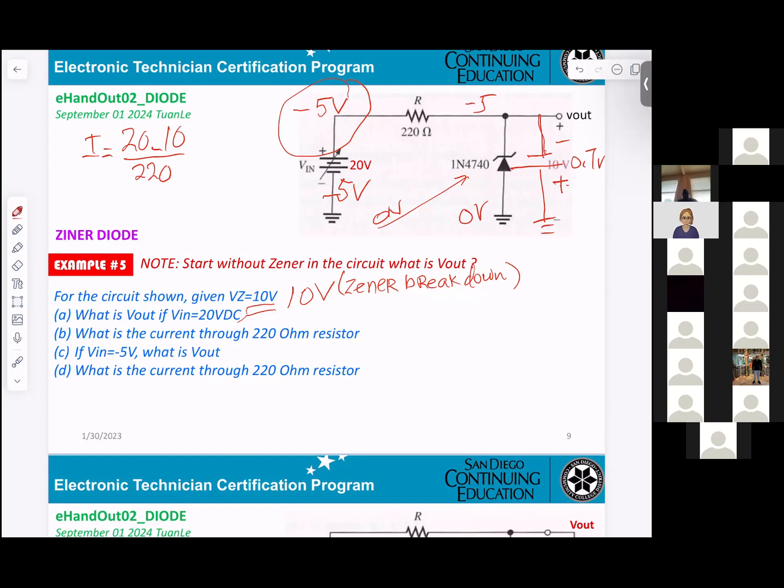So V out will be equal, correct? Correct.